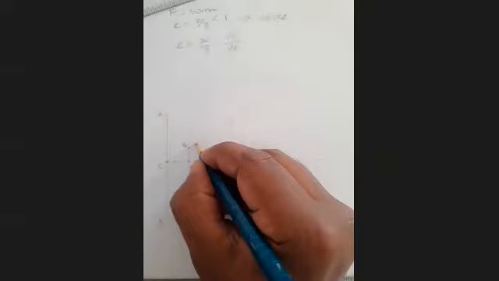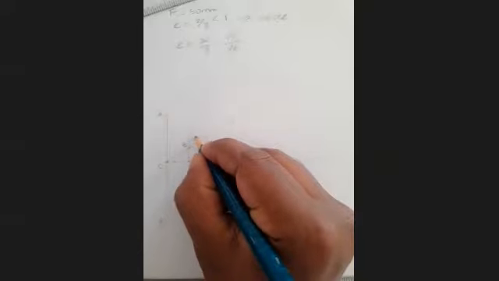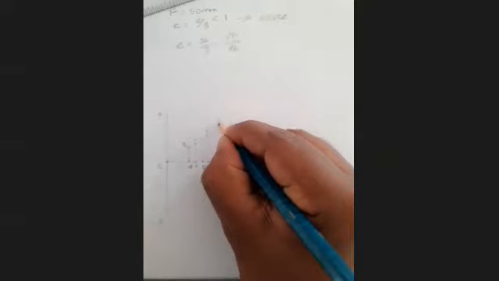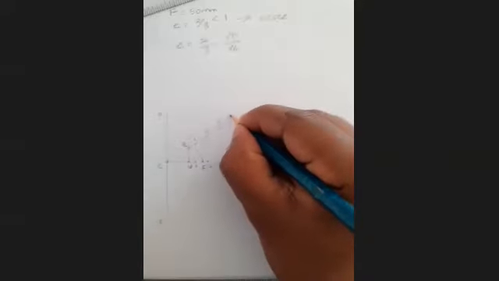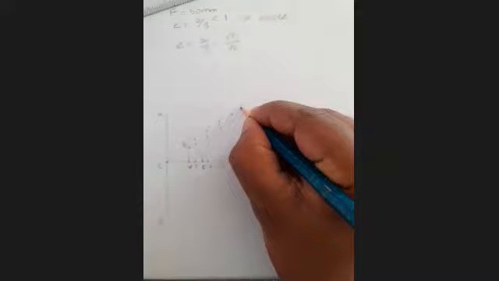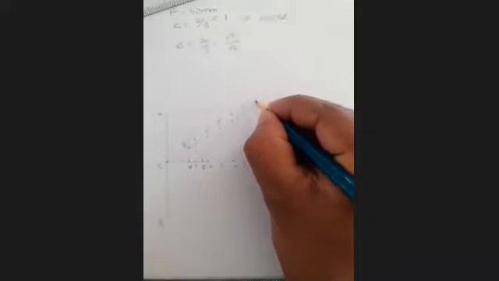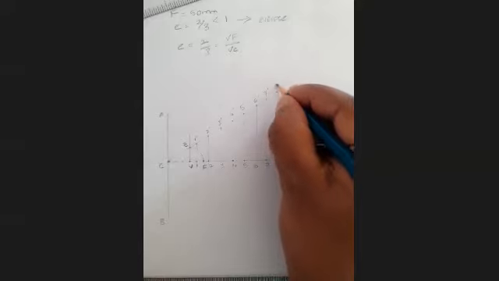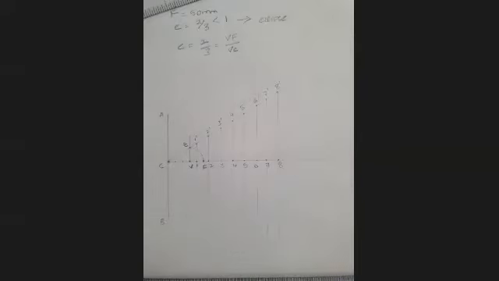Okay, now, wherever these lines cut, you name them as 1 dash, 2 dash, 3 dash, 4 dash, 5 dash, 6 dash, 7 dash, 8 dash. Okay, now I'll wait here. Let me know if you're done till here, then I will continue.